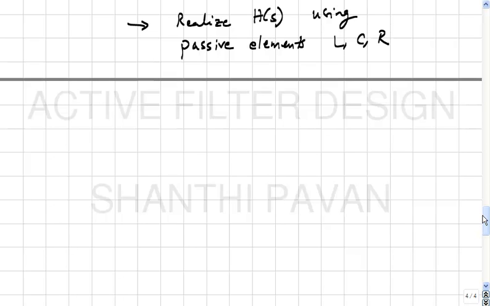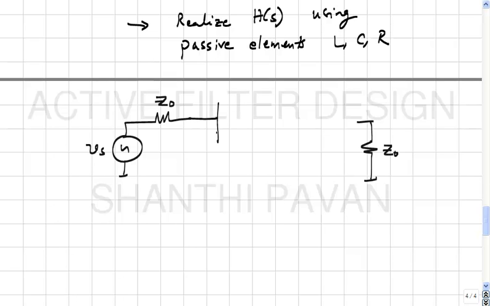There is a motivation for the kinds of networks that we'll be using. Again, as I said, a lot of this dates back to telephony, where the source is modeled as a voltage source with some internal resistance Z0, and the load turned out to also have an input impedance of Z0. So when people made these amplifiers, they would make the output impedance Z0 and the input impedance Z0.